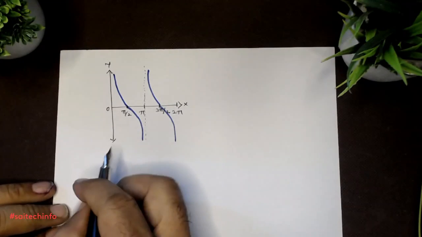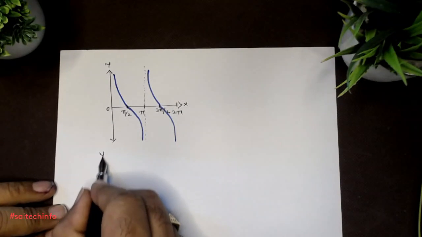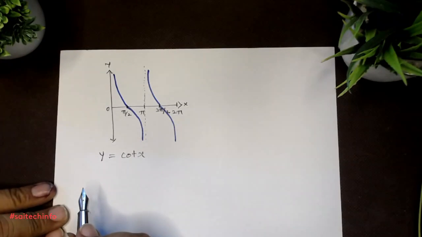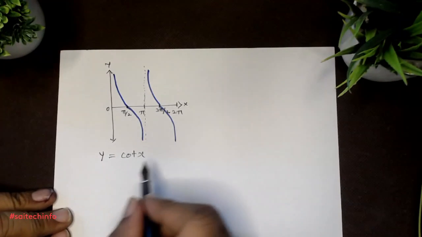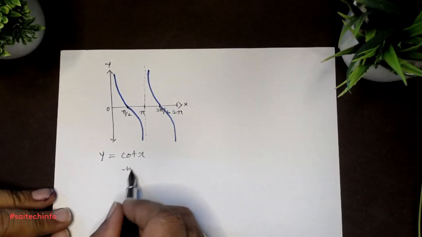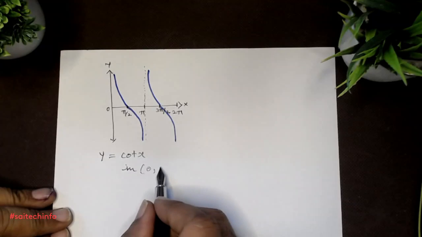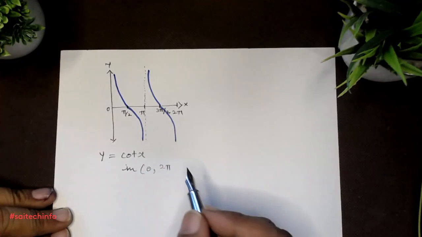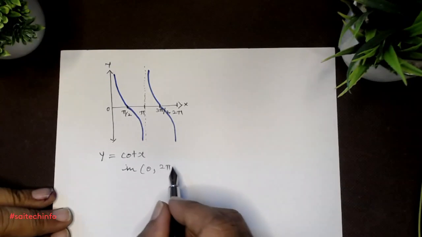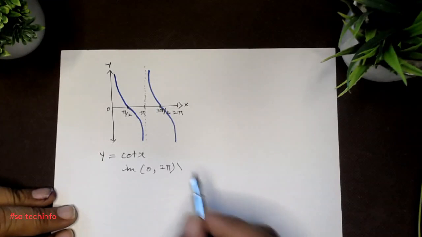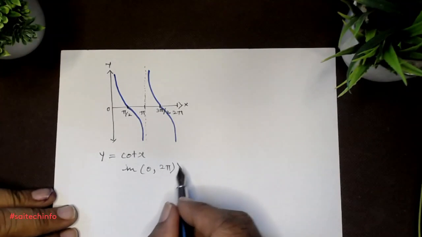So this is y is equal to cot x in 0 to 2 pi, with the open interval, excluding pi.